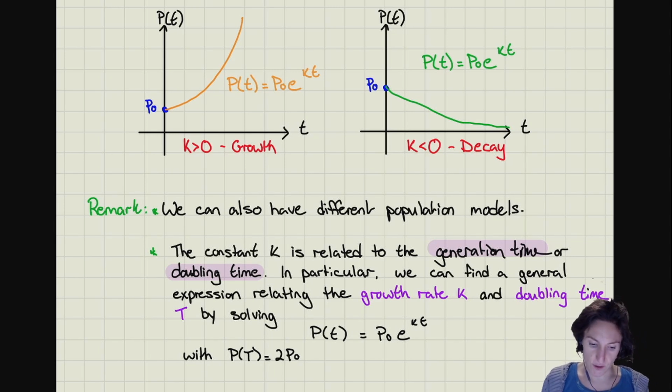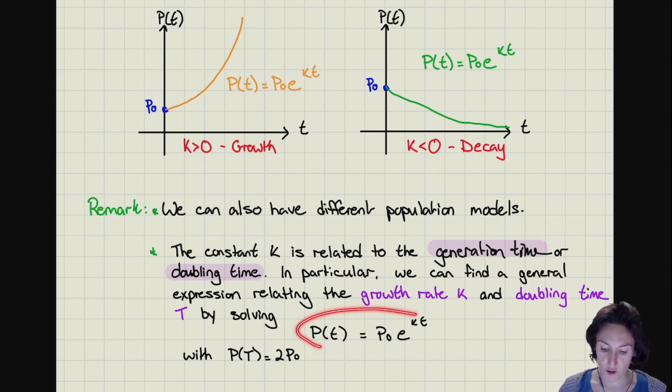In particular, we can find a general expression relating the growth rate k and the doubling time T by looking at our general solution for the IVP and considering the specific doubling time, where we double our population.